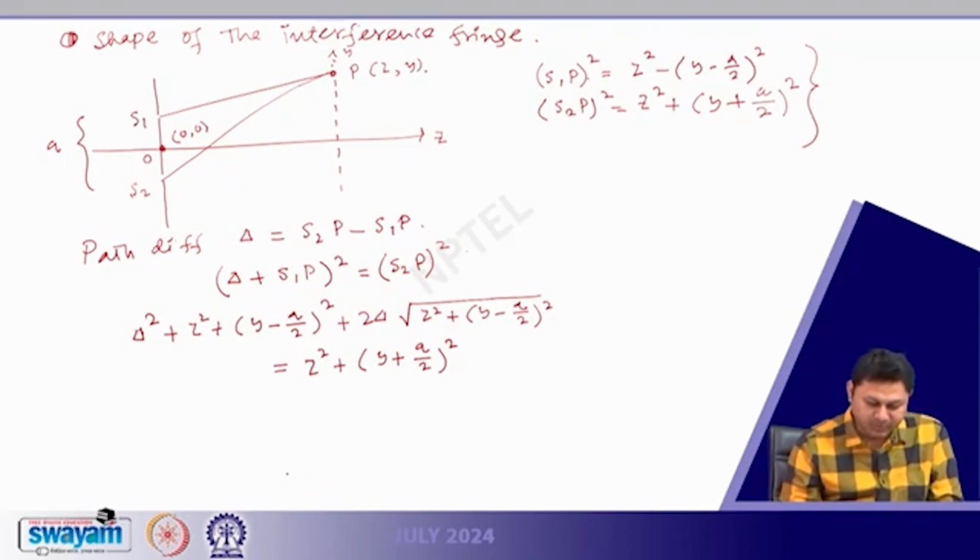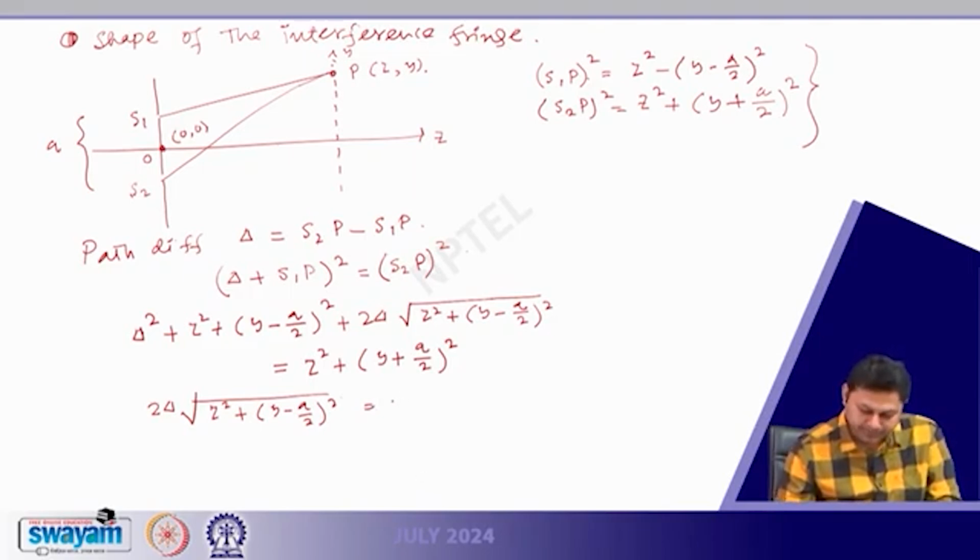So removing all these terms, we are going to get 2 delta root over z square plus y minus a by 2 whole square is equal to 2ay, that term will remain here, and minus delta square.